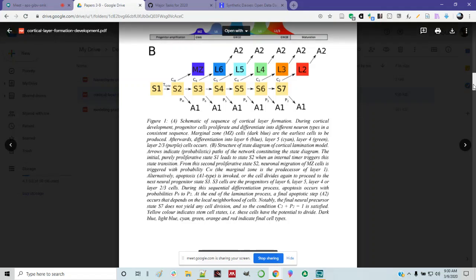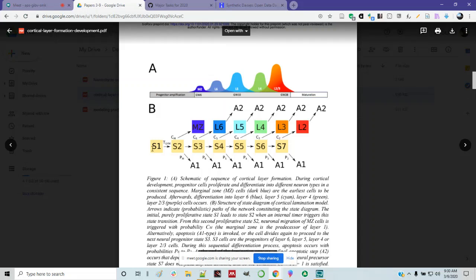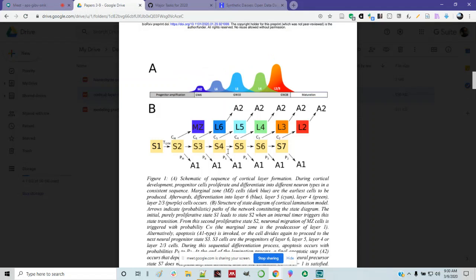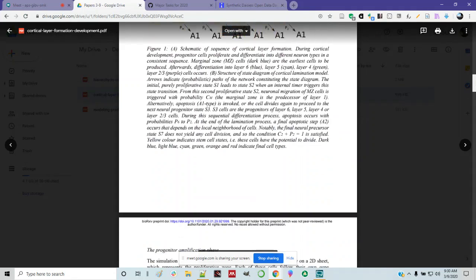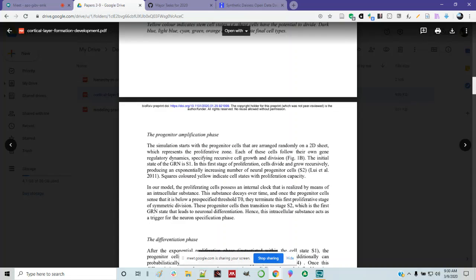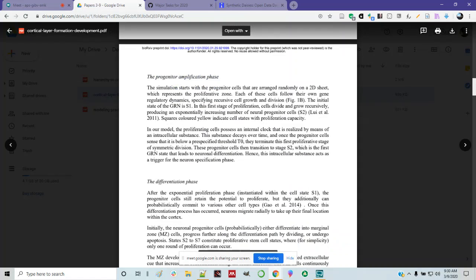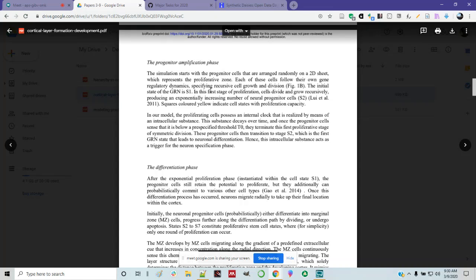And so they come up with this map of different states of what neurons go through in development. They derive this, and then they apply this to the simulation.